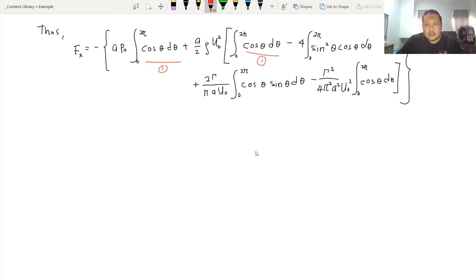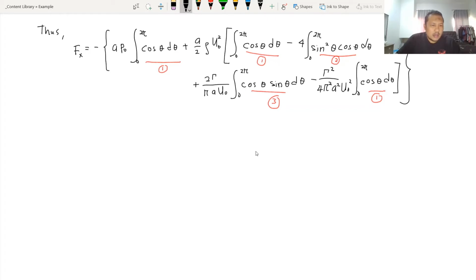Then we see sine cos theta, so this is number two, and this one is three. So we have two forms of integration to solve, and we try to solve them one by one.